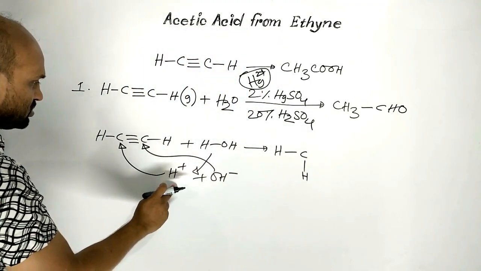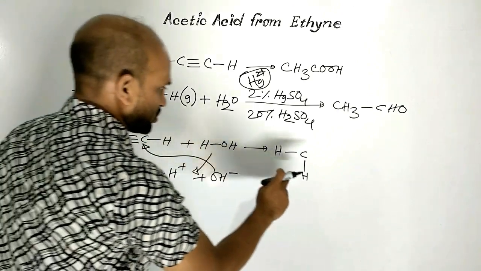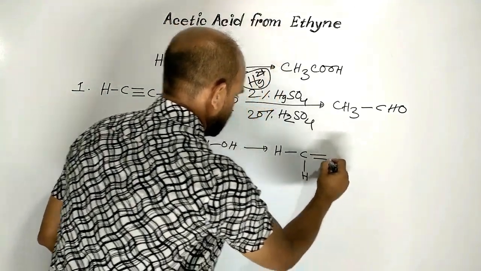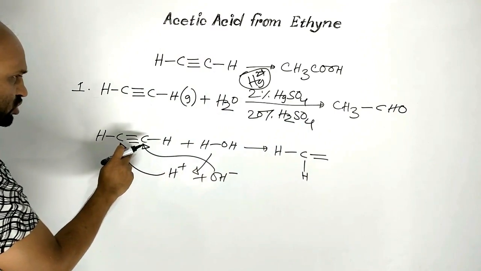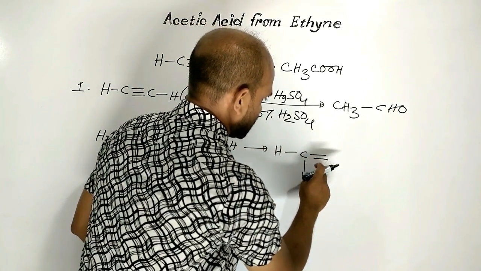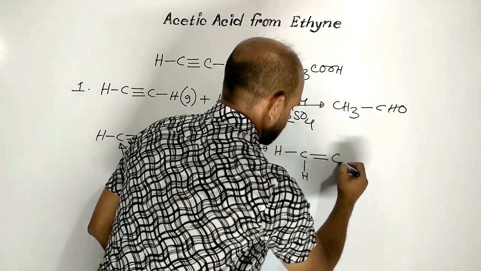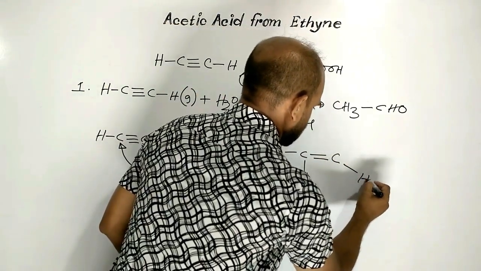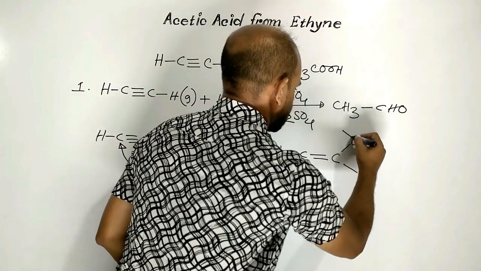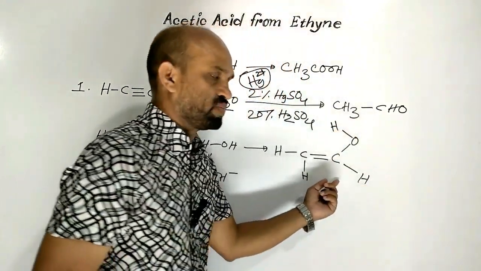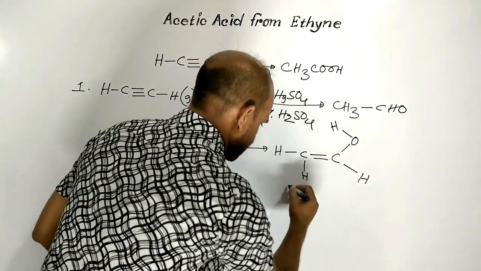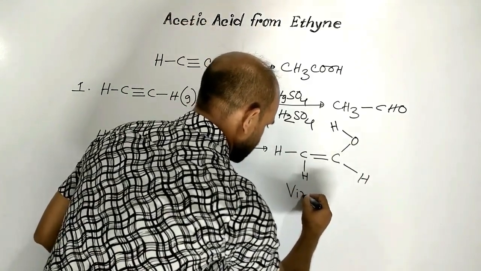This hydrogen combines with this carbon. Then carbon-carbon triple bond turns into carbon-carbon double bond, with this carbon hydrogen and hydroxyl group. What is this? This is vinyl alcohol.